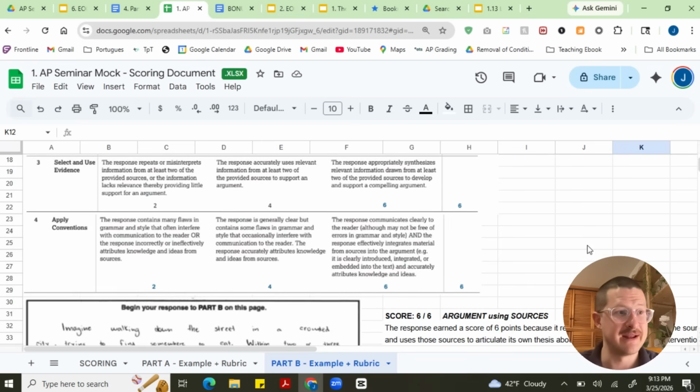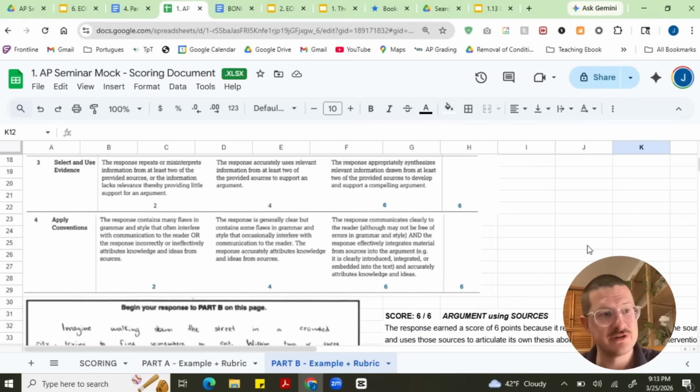Okay, last but not least, also worth 6 points is applying conventions. Here is a 6. The response communicates clearly to the reader, although it may not be free of errors in grammar and style. How generous. You can still get a 6 with a couple of misspellings or problems. And the response effectively integrates material from the sources.